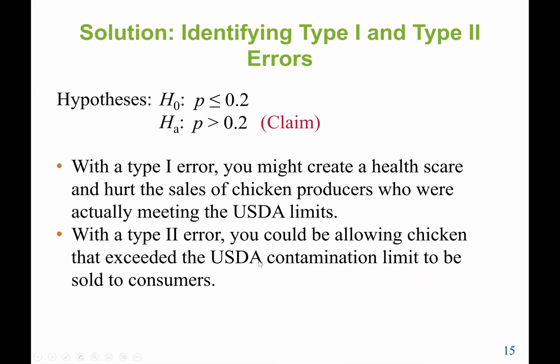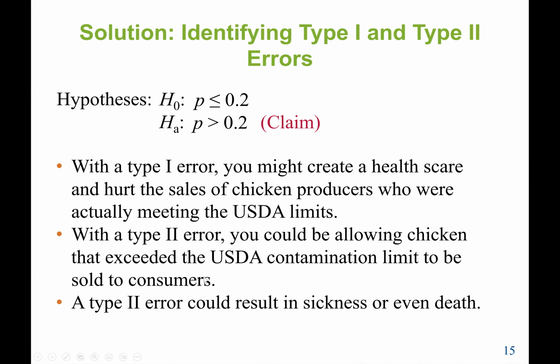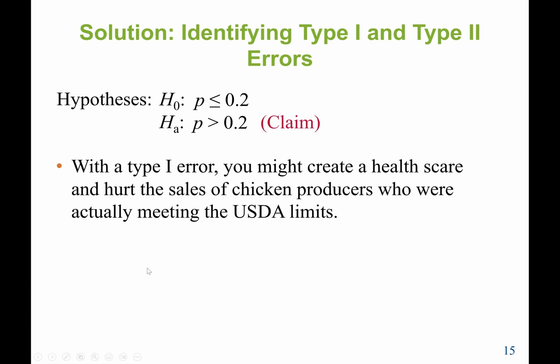With the type 2 error, you could be allowing chicken that exceeded the USDA contamination limit to be sold to consumers. So a type 2 error could result in sickness or even death, because we didn't reject a false HO.